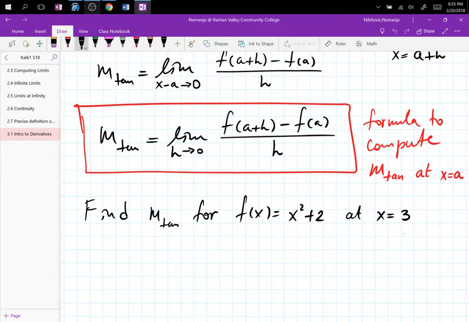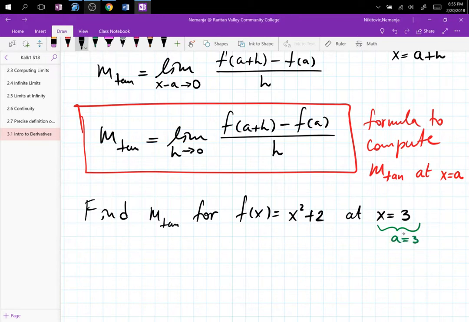All right? So this over here tells me that a is how much? 3. A is 3. So this over here tells me that a is equal to 3 because I need to plug that in.